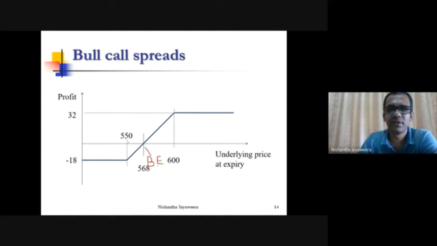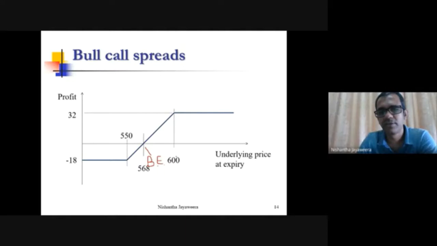Because in between 550 and 600, you, as a buyer of a call option at 550, will exercise your right, but not the buyer of the option at 600. He will not exercise his right. But the moment the price moves beyond 600, both will exercise their rights.